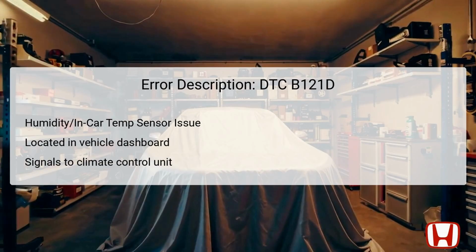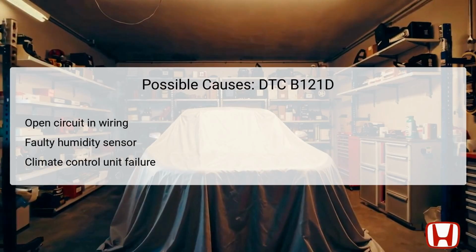overall driving experience. Several potential causes could lead to the triggering of DTC B121D. An open circuit in the wiring could prevent the proper flow of communication between the sensor and the control unit, which is essential for data transmission. Another common cause may involve a faulty humidity in-car temperature sensor itself, which may fail to send accurate data or any data at all.